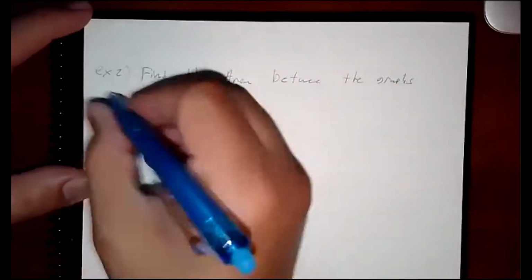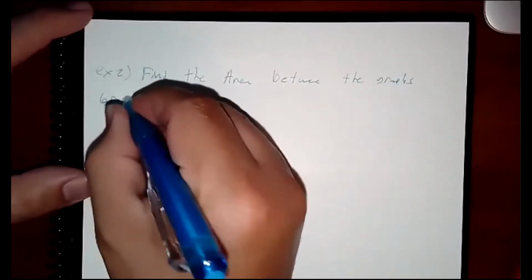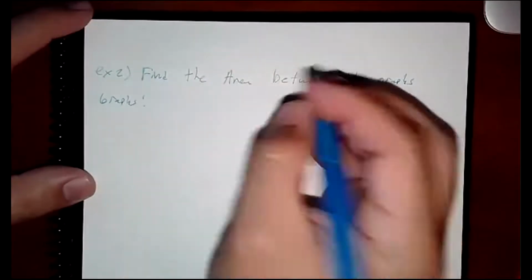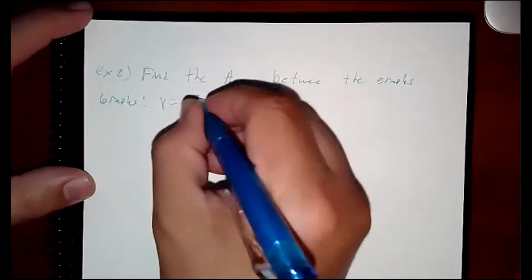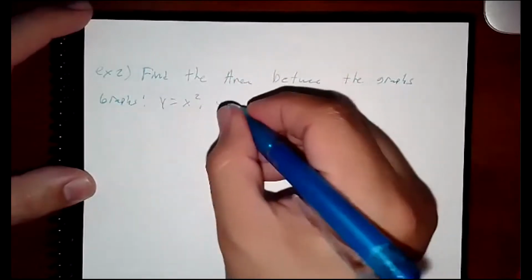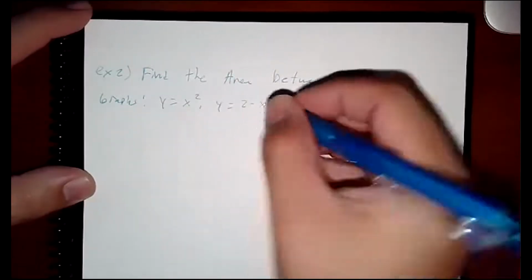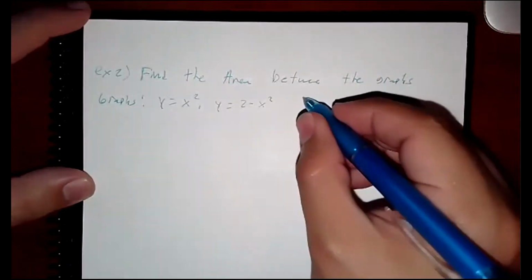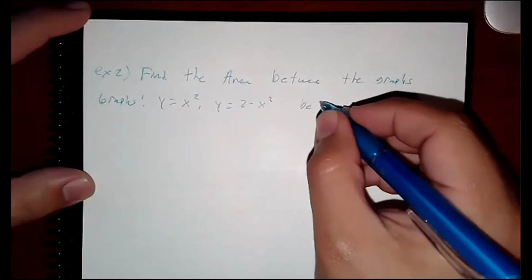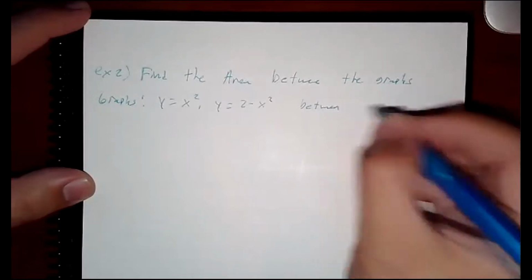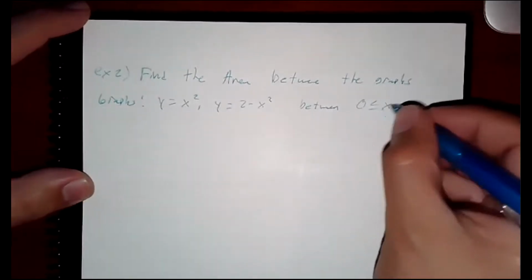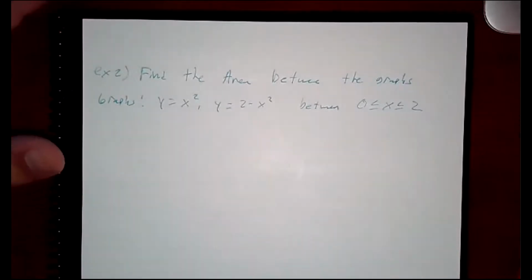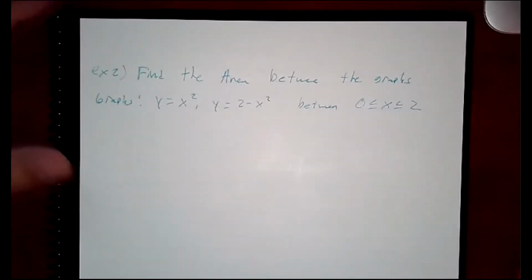And here are the graphs: y equals x squared, y equals 2 minus x squared, between 0 and 2.